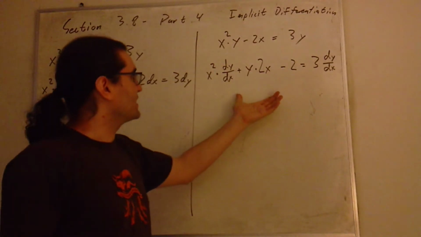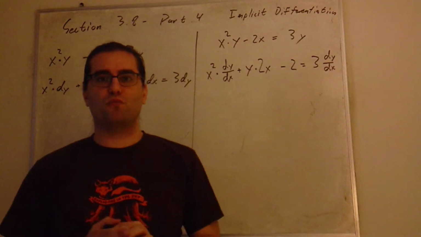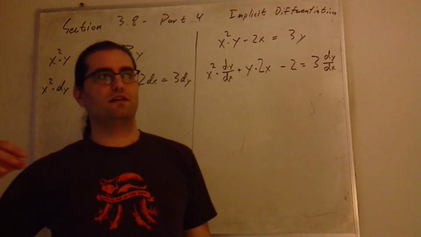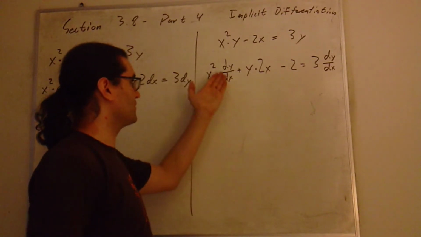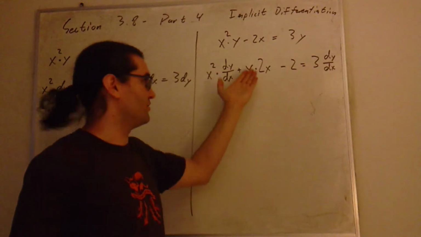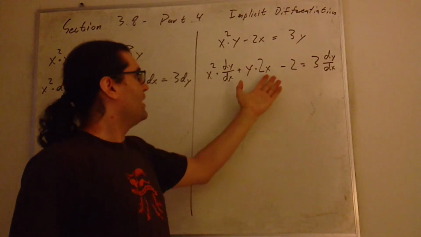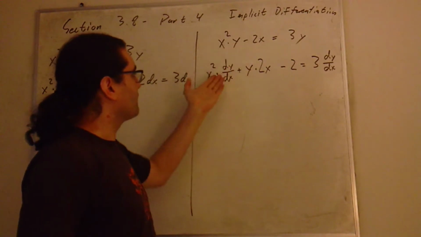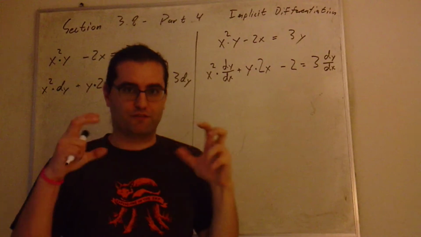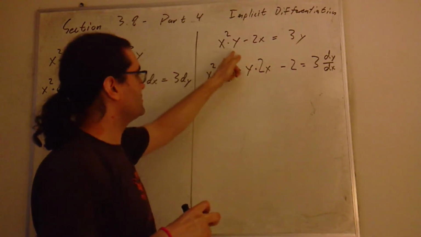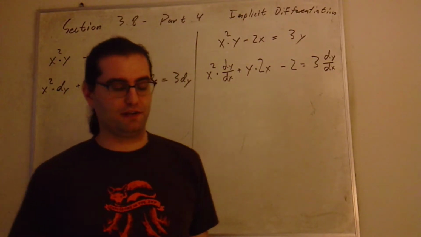In the book's technique, you sort of assume that y is always the dependent variable, and so its derivative is dy/dx, the derivative of y with respect to x, since you assume that x is independent. And then every time you take the derivative of a y piece, you add this dy/dx, like the full entire derivative term. And every time you take the derivative of an x piece, you add nothing, because x is assumed to be independent.